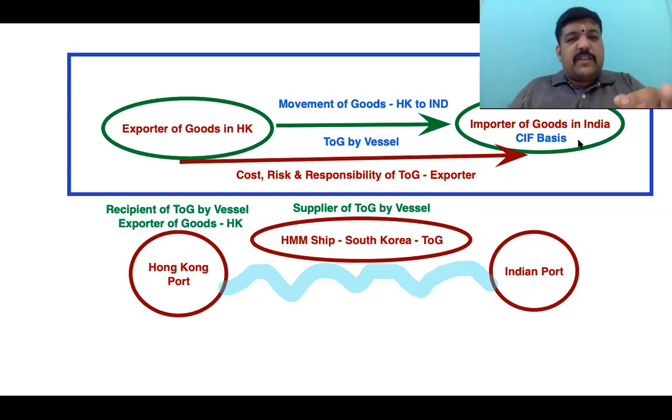The recipient of this service is the one who handed over the goods to be transported, signed a contract and told them, move the goods from Hong Kong to India, I will pay $2,500 to you for transportation. The recipient of the service is your exporter of goods located in Hong Kong. Once the goods reach the Indian port, I have to notify this person to come and take delivery of the goods. The beneficiary to the transaction is the importer.